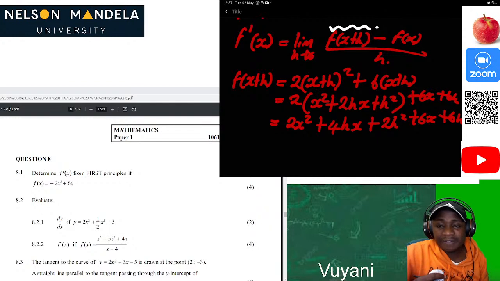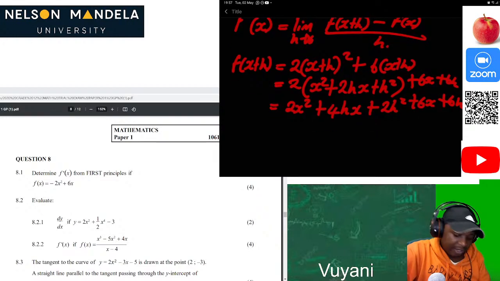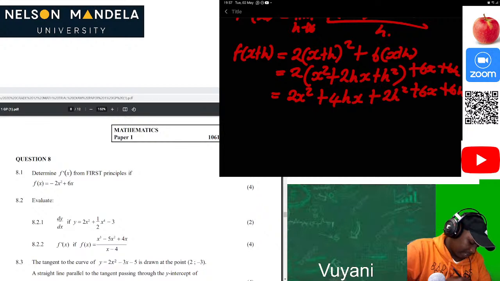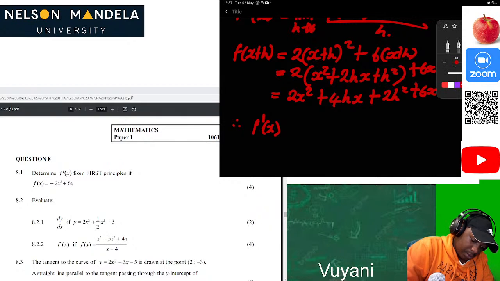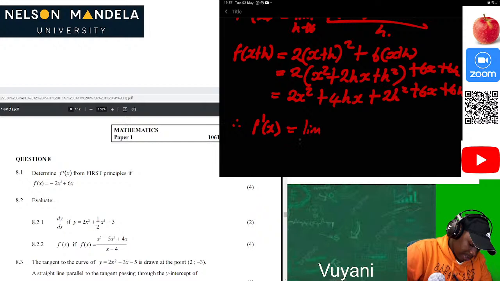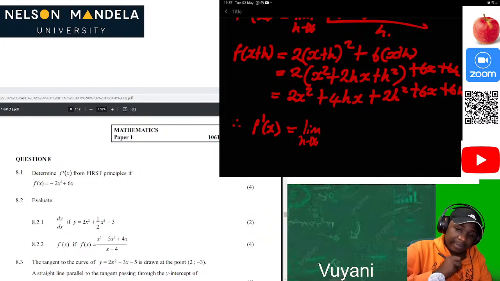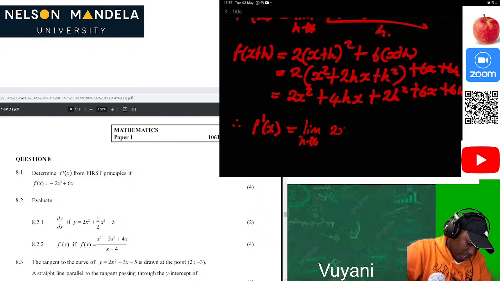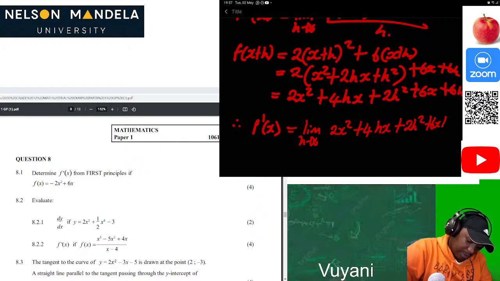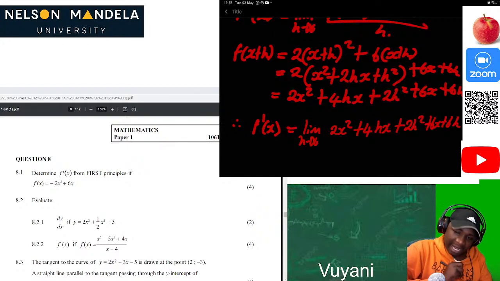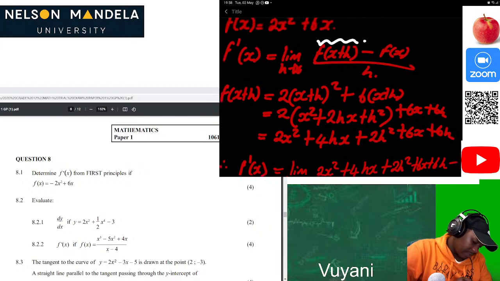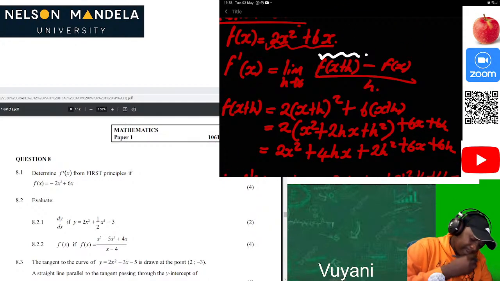From that point, we can just calculate the value of the limit. Therefore, f prime of x is equal to the limit as h approaches 0. What is f of x plus h? It will be 2x squared plus 4hx plus 2h squared plus 6x plus 6h, minus, what is our f of x? f of x is 2x squared plus 6x.